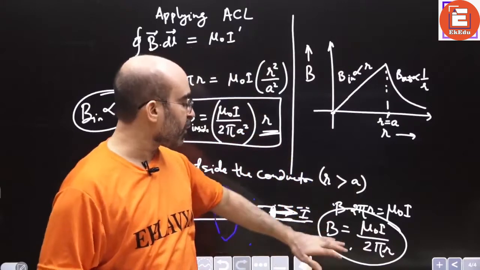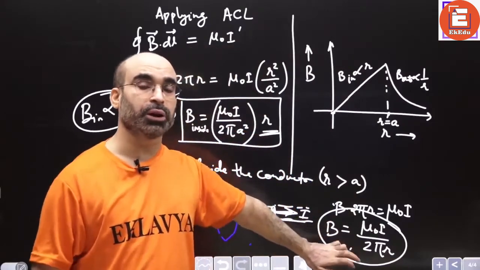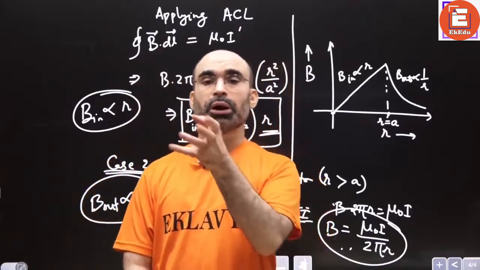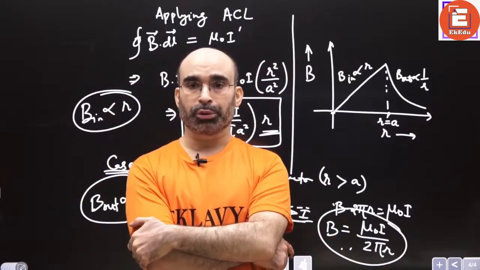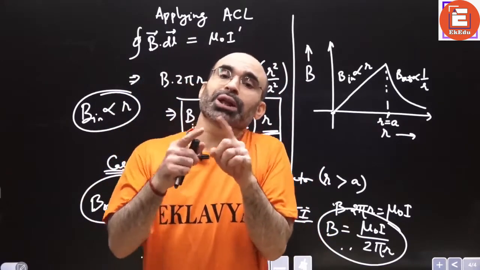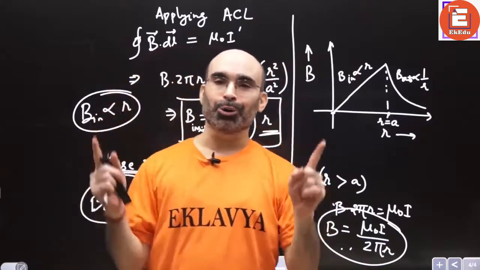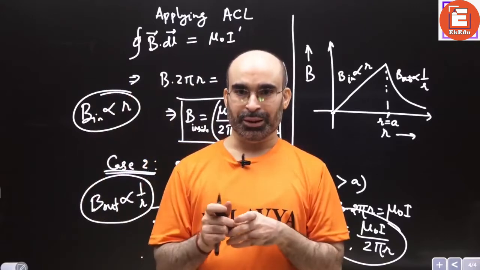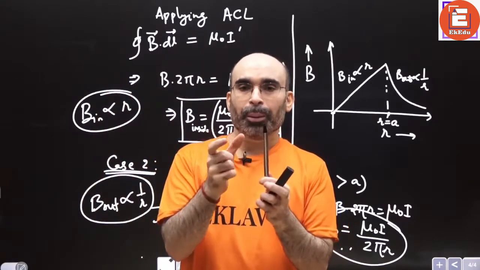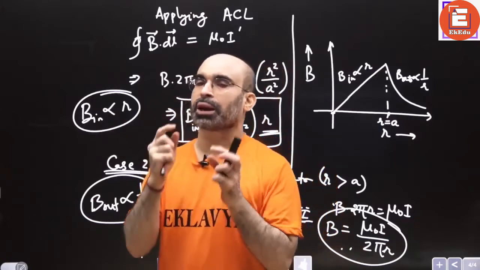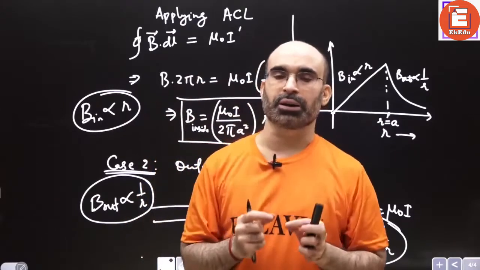Actually, the magnetic field due to a straight long conductor can be found using ACL also, using Biot-Savart law also. But only for the outside point. Be very clear about it. Only for the outside point. Right? Biot-Savart law is applicable when you are not considering the thickness of the conductor.